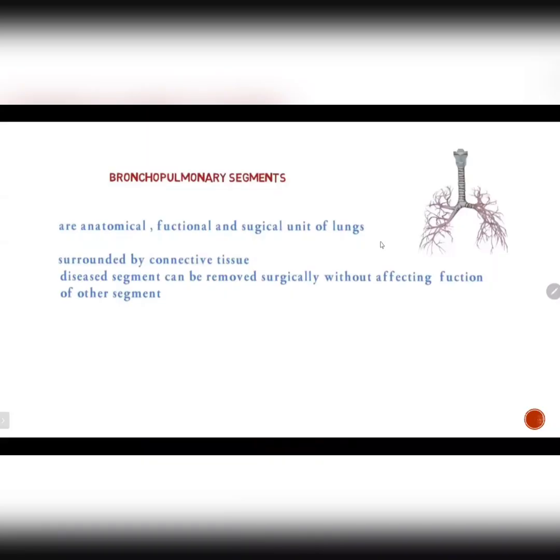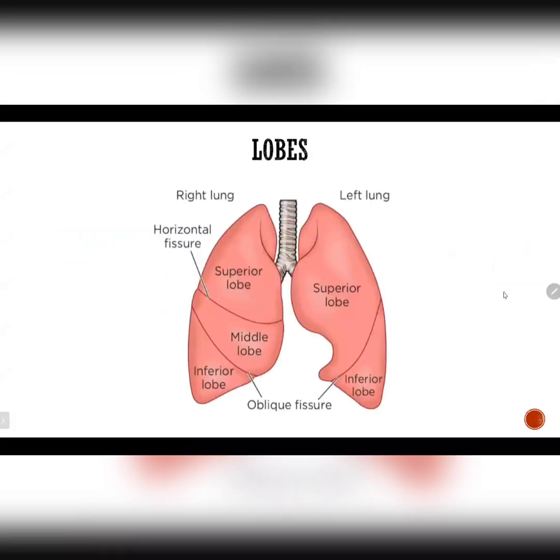If the patient is suffering from any lung disease which is affecting a particular bronchopulmonary segment, that segment can be removed surgically without disturbing the other bronchopulmonary segments. So that is the surgical importance of bronchopulmonary segment.